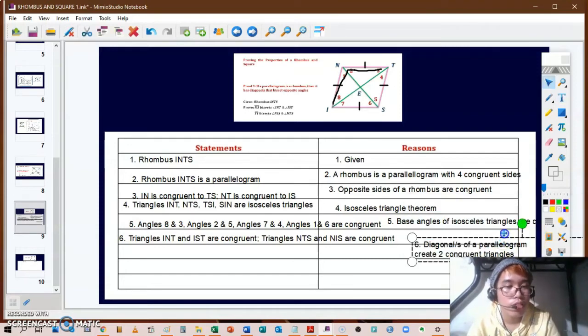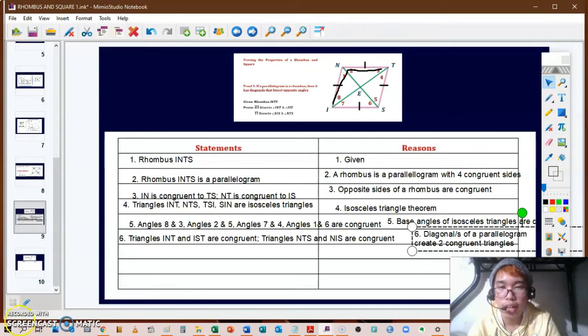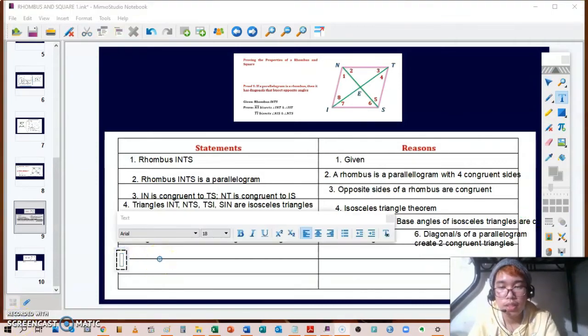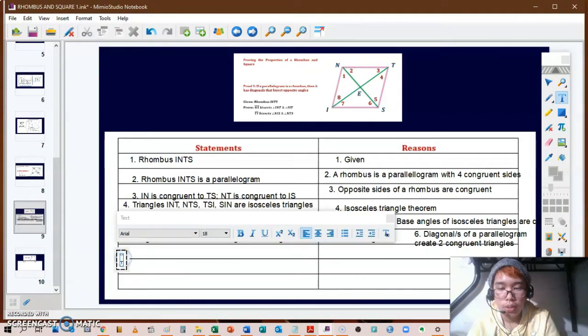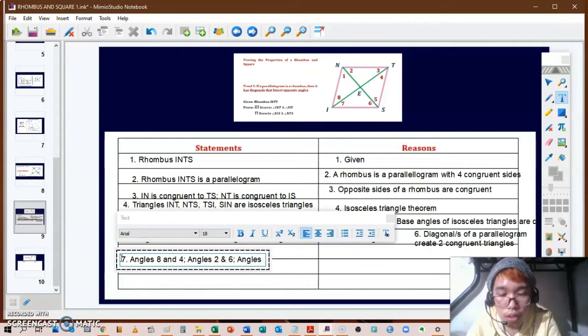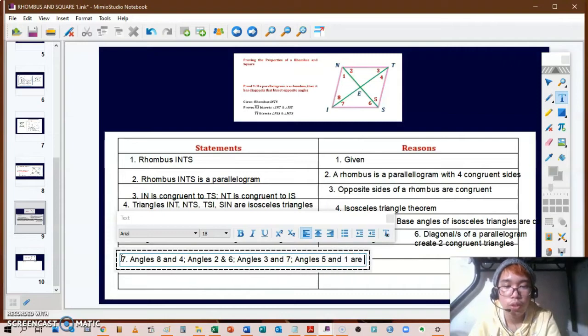For our seventh statement, for number 7, we can say that angles 8 and 4, angles 2 and 6, angles 3 and 7, and angles 5 and 1 are congruent.